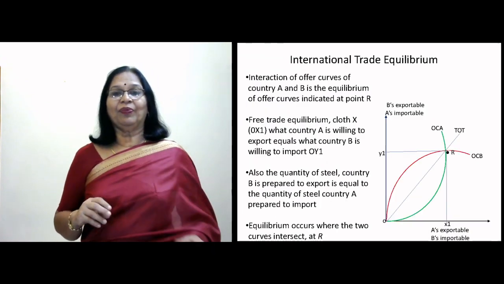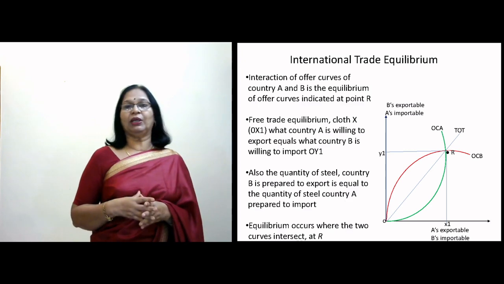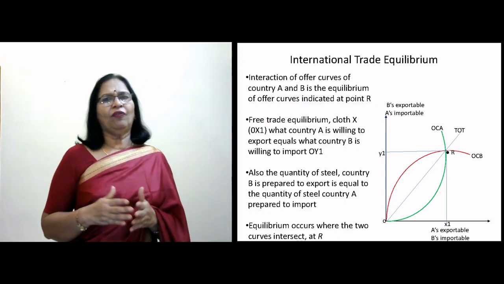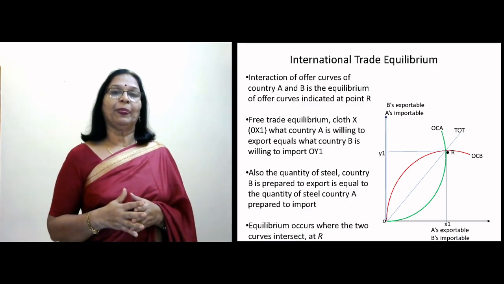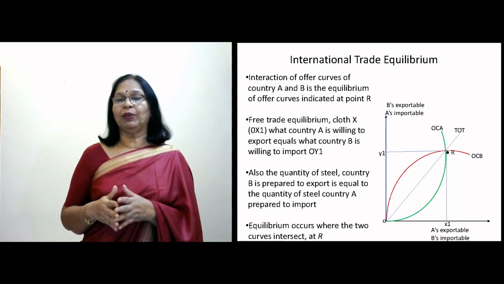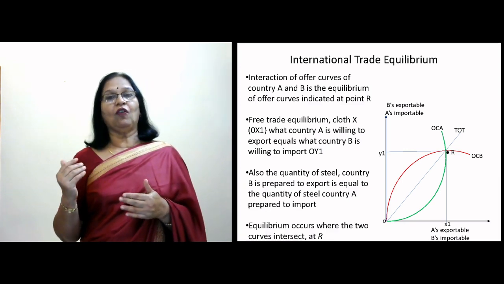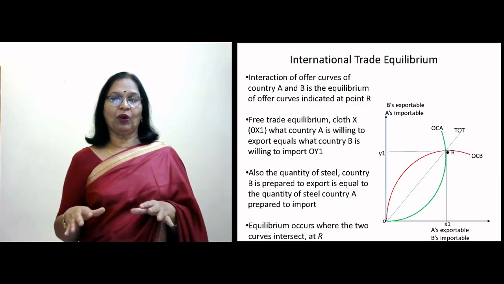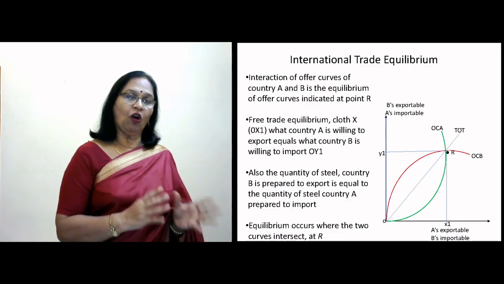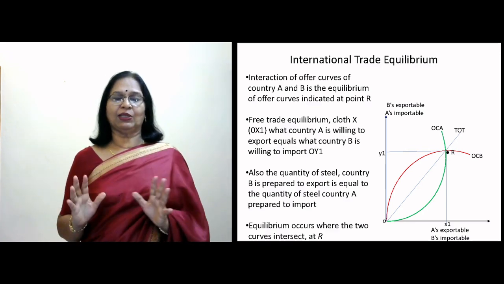Now, what we need to do is to come to an equilibrium condition in this international trade for analytical purposes. This offer curve will show a position of equilibrium when the offer curve of A and the offer curve of B intersect at a point where what is being offered by one country is accepted by the other country and vice versa.